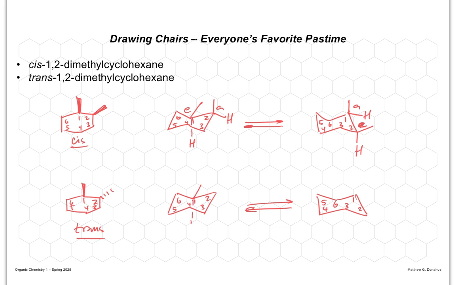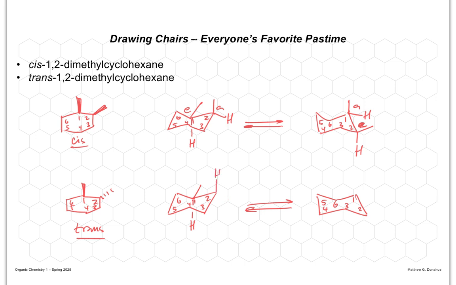And that hydrogen's axial. But now this carbon 2 methyl group, it's a dashed line, so it's projected away from you. So now it's facing the bottom of the ring. So when we go over to carbon 2, it's got to face the bottom, so it's going to be equatorial.